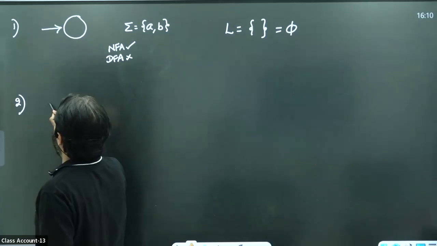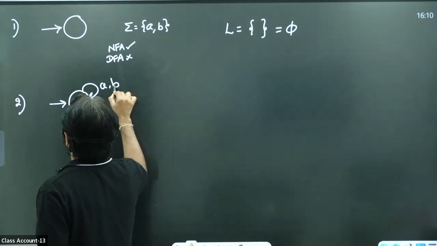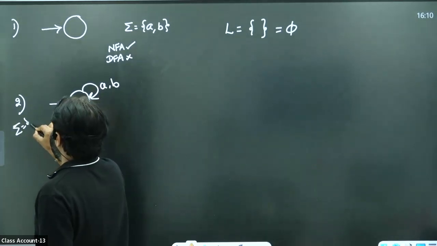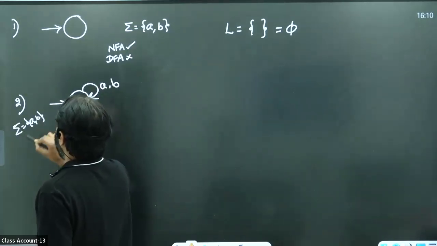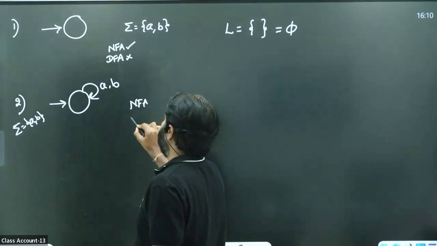Now I draw another one, sigma assume a comma b only. Tell me, is it NFA or not, DFA or not?